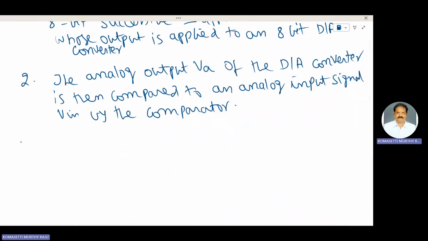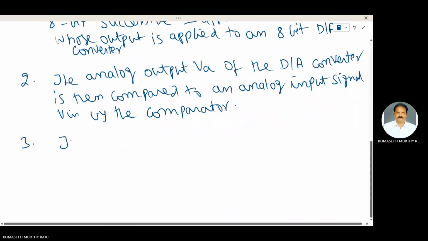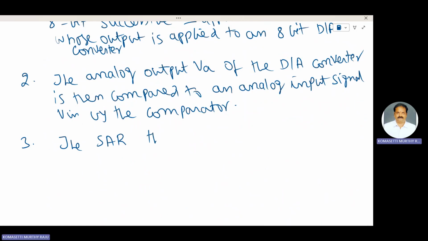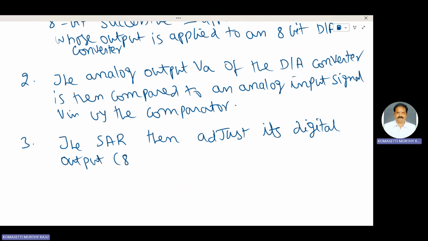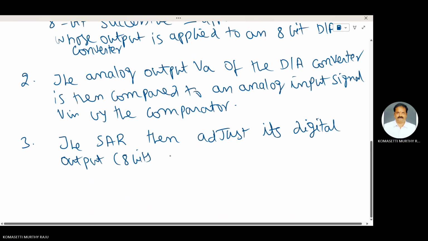Third important point here: the SAR, successive approximation register, then adjusts its digital output, that means 8 bits, that is Q7 to Q0.